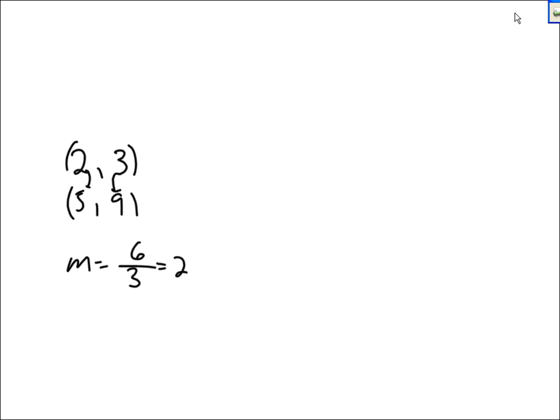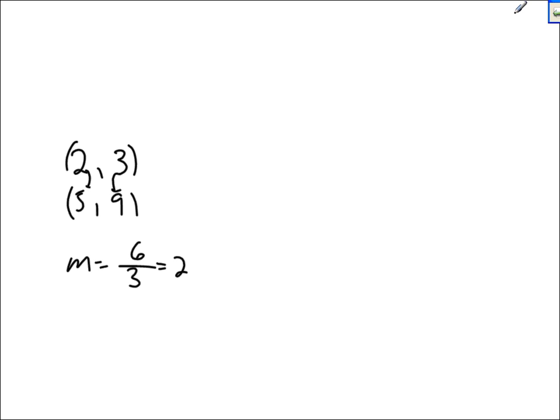Well, you just calculated the slope, so you have that, and you have 2 points. The question is, which point do you use? The answer is it didn't matter. If you had (2, 3) and (5, 9), calculating the slope, from 3 to 9, y went up 6. From 2 to 5, it went up 3. So the slope is 2.